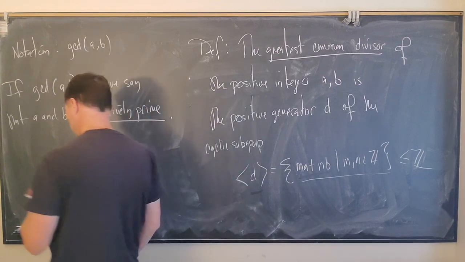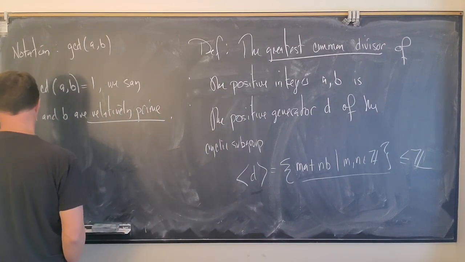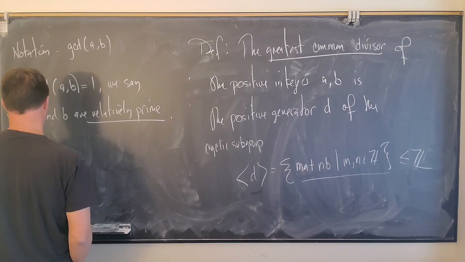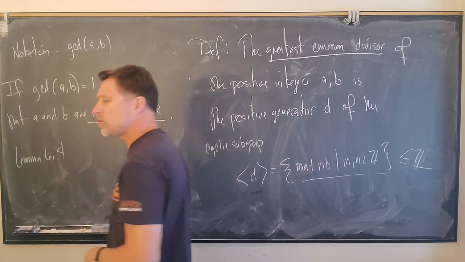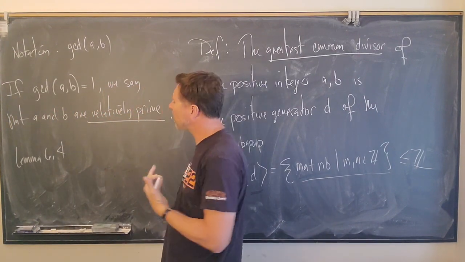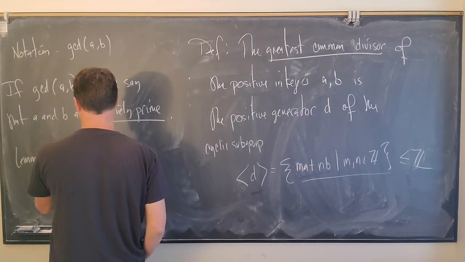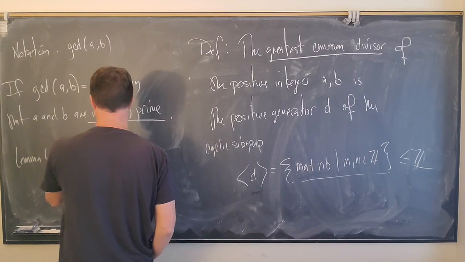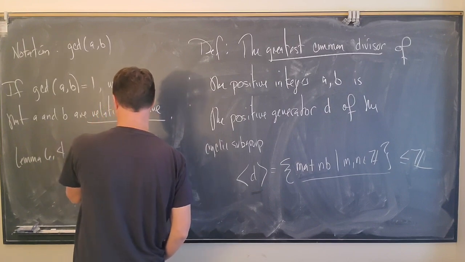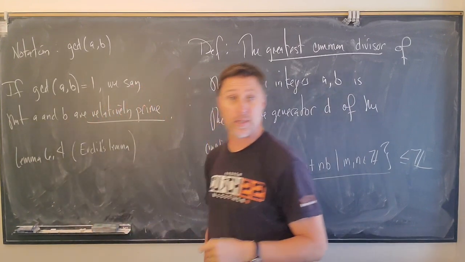Now, we will need this fact. Lemma 6.4. This is often referred to as Euclid's lemma, or it's really a generalization of Euclid's lemma. Some people refer to this as Euclid's lemma.